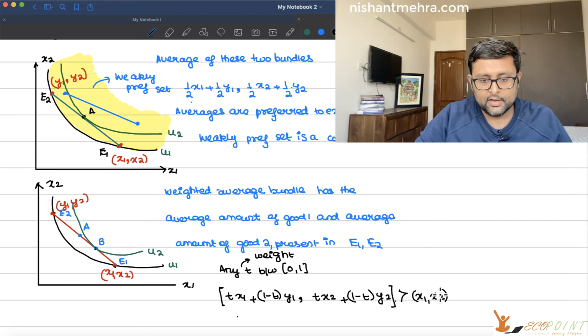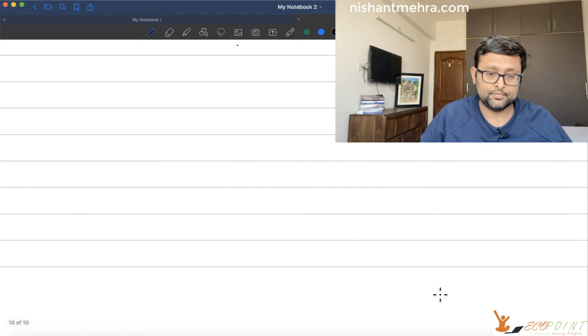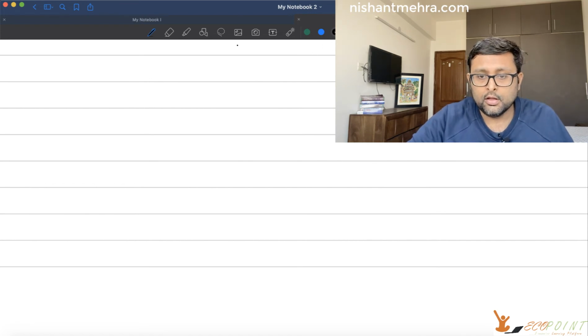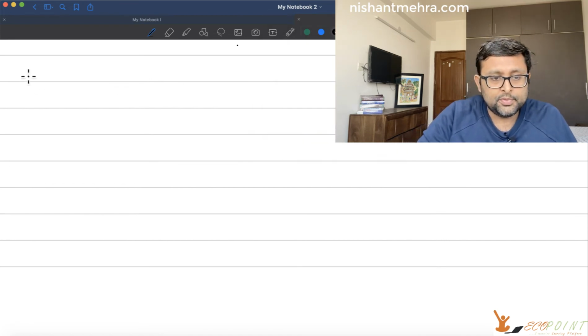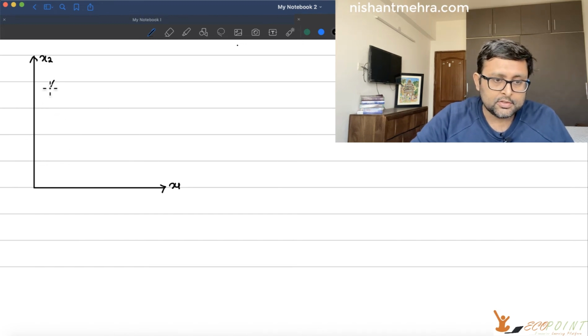You can also have an example of preferences which are not convex, right? For example, preferences like this.